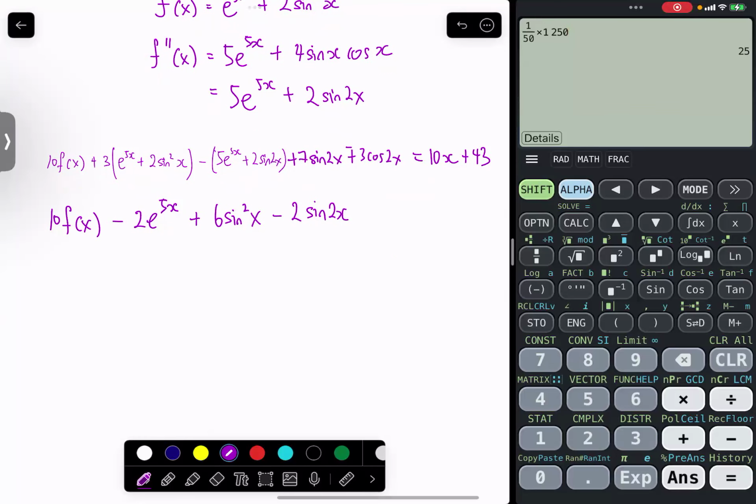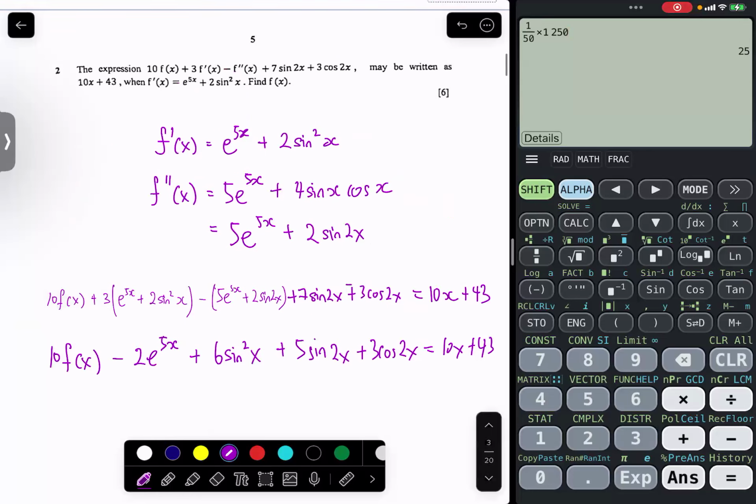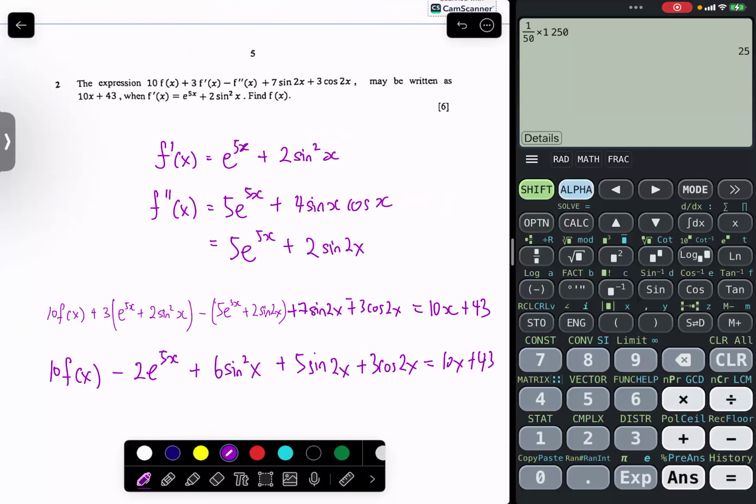So that means we'll get plus 5 sine 2x plus 3 cos 2x equals 10x plus 43. Okay, so what we want to do is to switch everything over and try to simplify as much as we can.